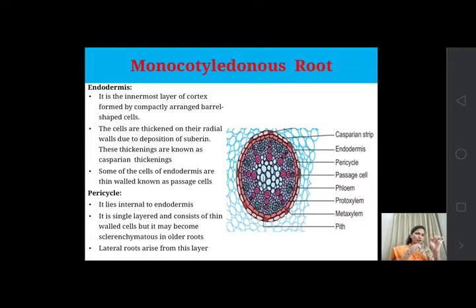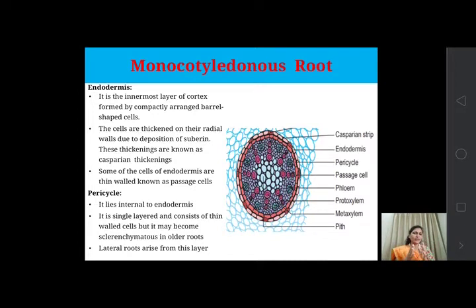The endodermal cells seen in the dark, you can see the dark area of the endodermal region. So this dark area indicates that these are the passage cells.